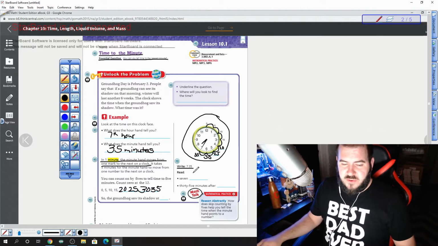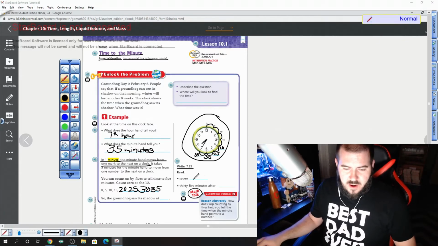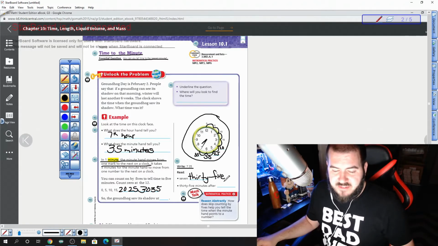We can also read it as 35 minutes after the hour, which is 7.